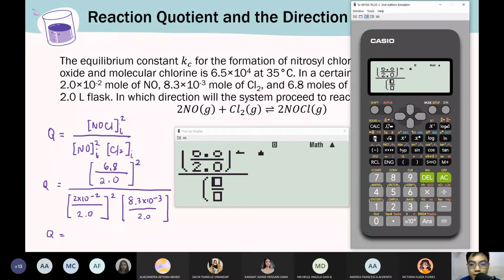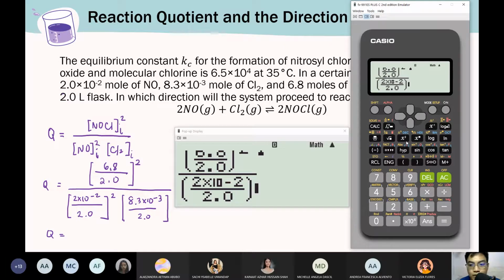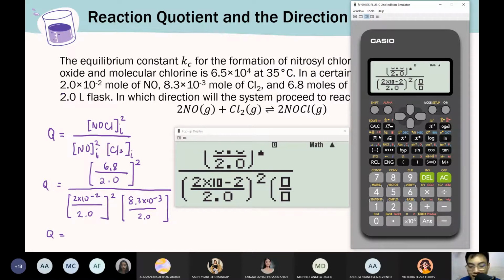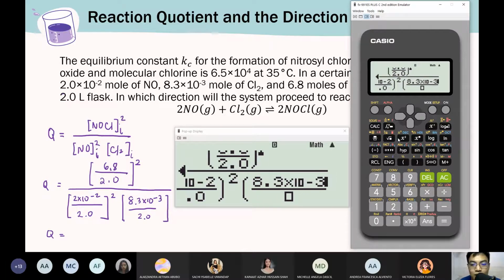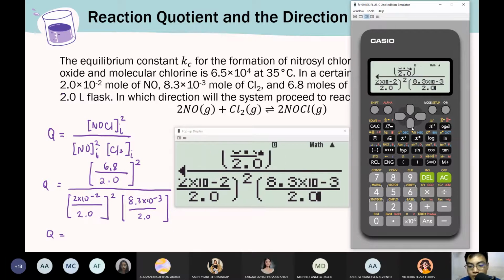And then sa denominator, I have 2 times 10 to the negative 2, divided by 2, and then, sorry, naka-square pa siya. Baka mamaya makalimutan ko. And then 8.3 times 10 raised to negative 3, divided by 2.0.